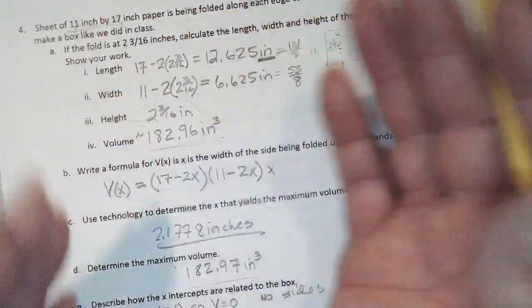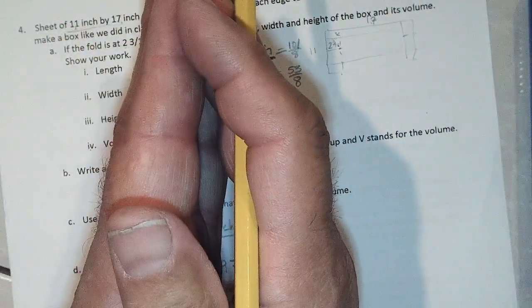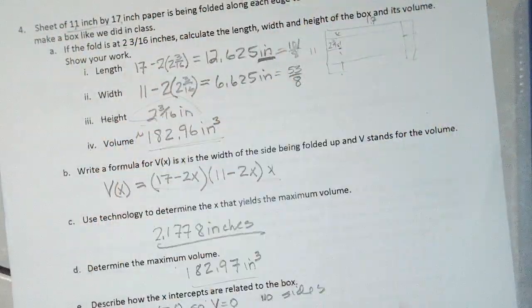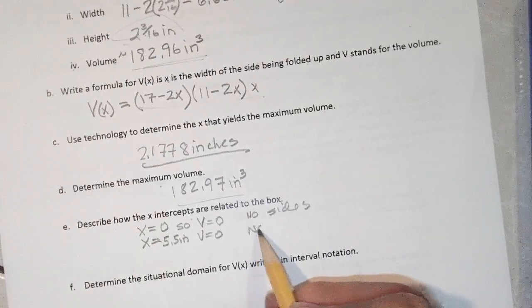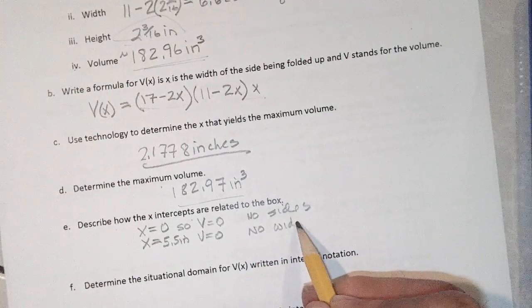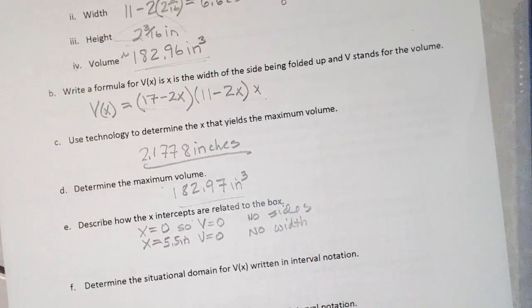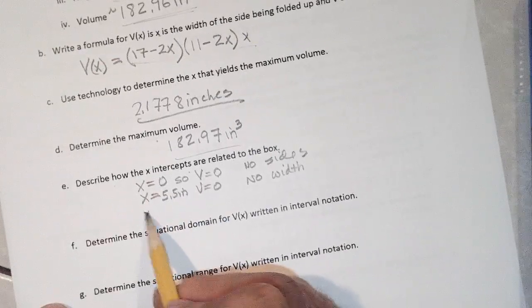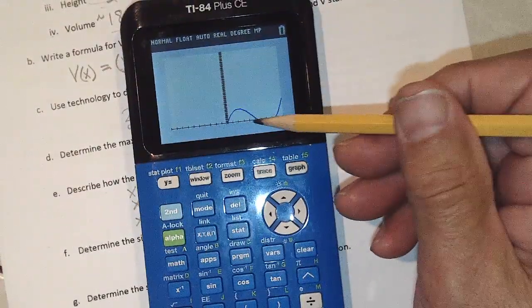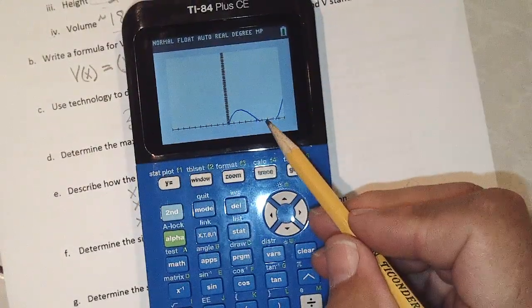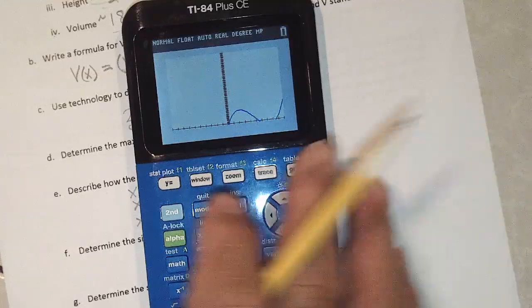Well, 5 and a half is half of 11, so you folded the paper in half, which means there's no width in the equation. So, no width. So, no volume. And x equals, it looks like 5 and a half, 6, 7, 8 and a half.